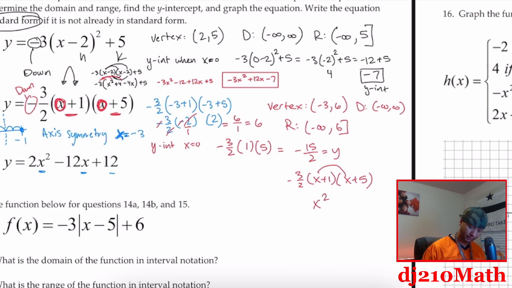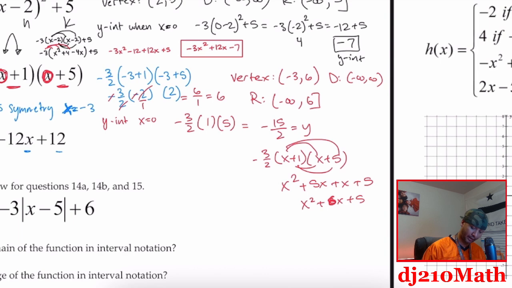So this is x squared plus 5x plus x plus 5. So x squared plus 6x, combining like terms, plus 5, all times negative 3/2.